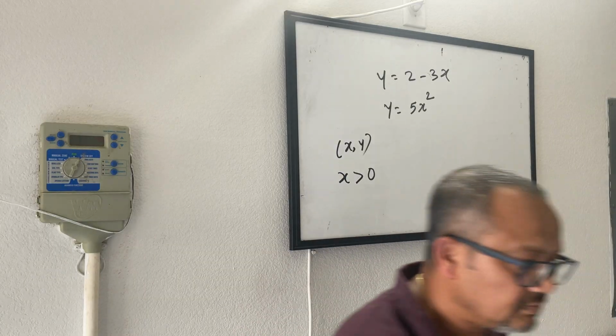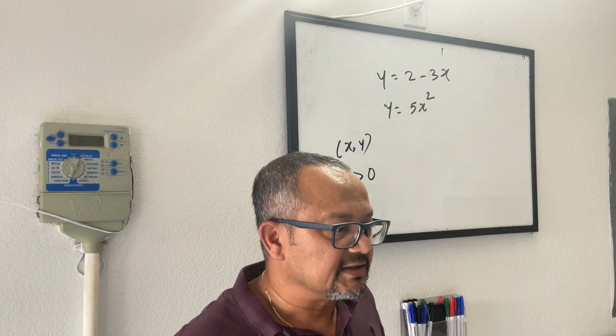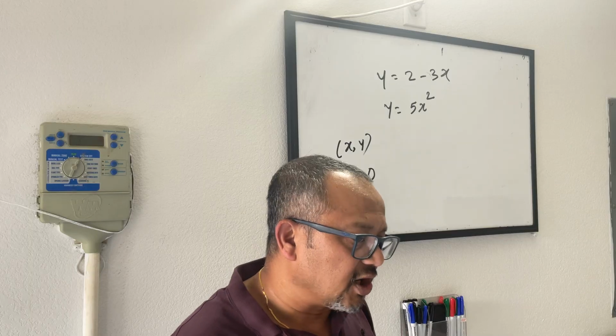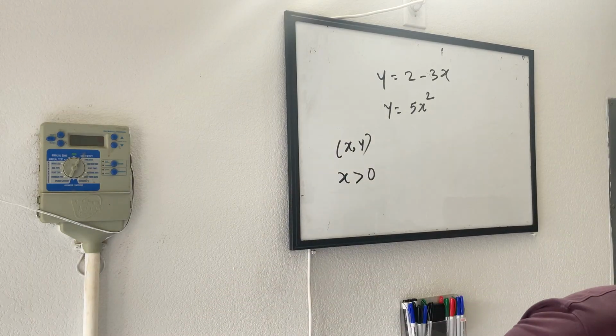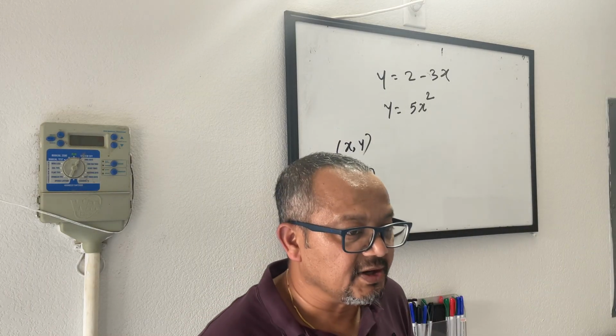Now I would want you guys to solve it, but before you solve it, can somebody tell me a story? I love stories. Can somebody tell me how you approach this problem?